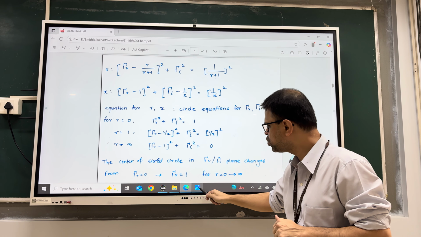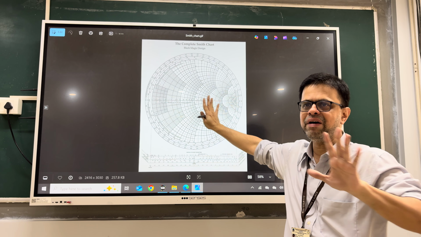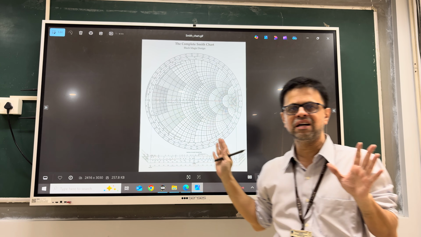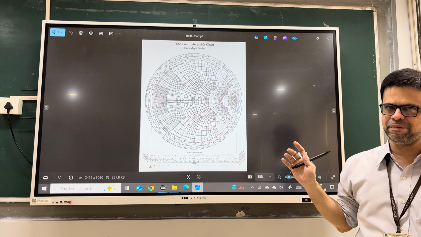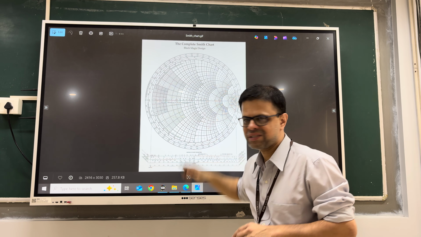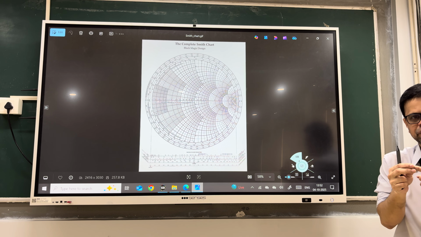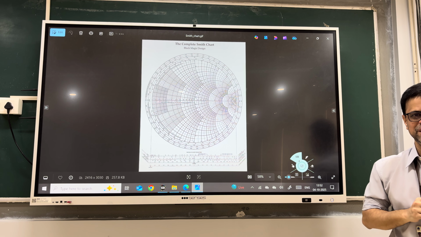So if I just go to this Smith chart, again I am telling you, don't read any values right now, just read this as a circle in the gamma R and gamma I plane. So this is the outer circle we have drawn earlier. Now next, when R equal to 1, where is the center shifted to? 1 by 2, 0, right?